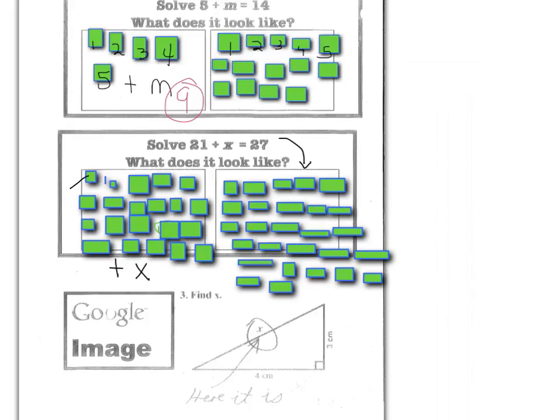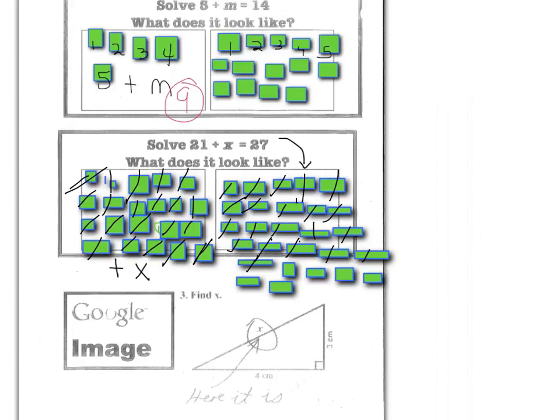So 1, 2, 3, 4, 5, 6, 7, 8, 9, 10, 11, 12, 13, 14, 15, 16, 17, 18, 19, 20, and 21.